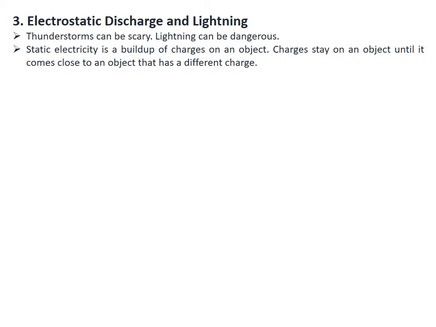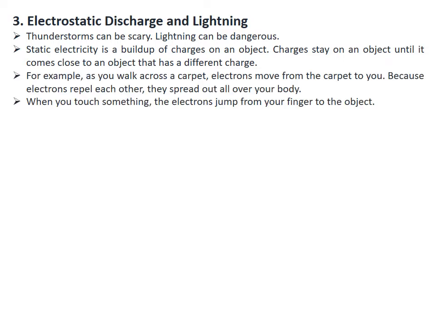Charges stay on an object until it comes close to an object that has a different charge. For example, as you walk across a carpet, electrons move from the carpet to you. And because electrons repel each other, they spread out all over your body. When you touch something, the electrons jump from your finger to the object.